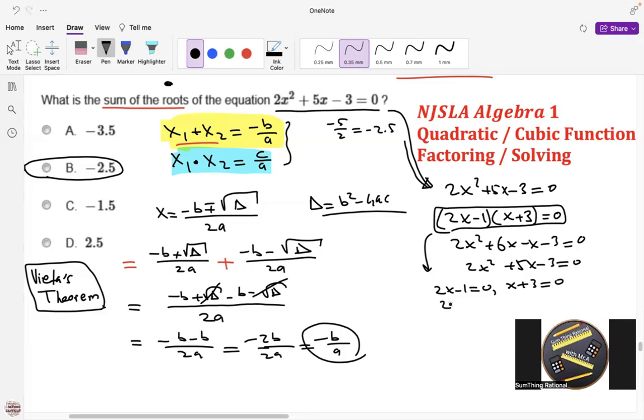When 2x minus 1 is 0, 2x is 1, so x is half. When x plus 3 is 0, x is negative 3. So you can add negative 3 and 0.5, which is negative 2.5. So we got negative 2.5 already at the start of our video.